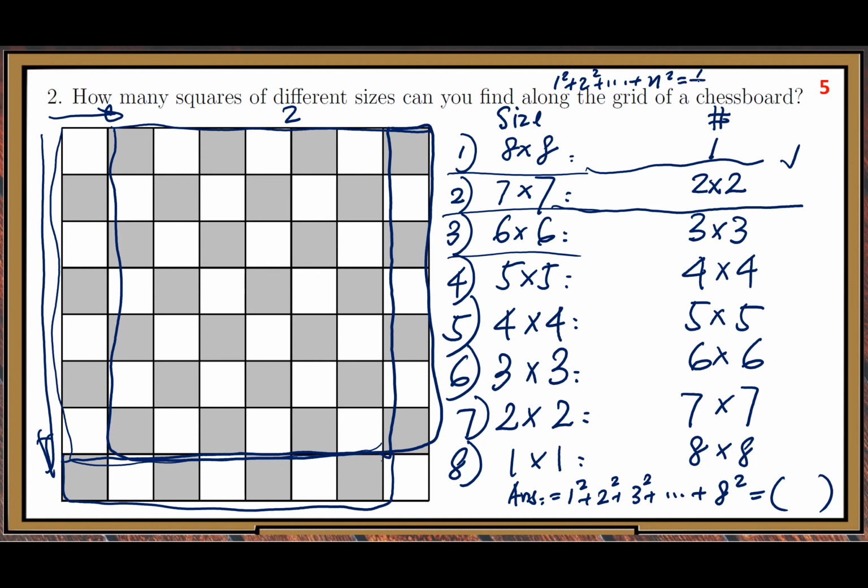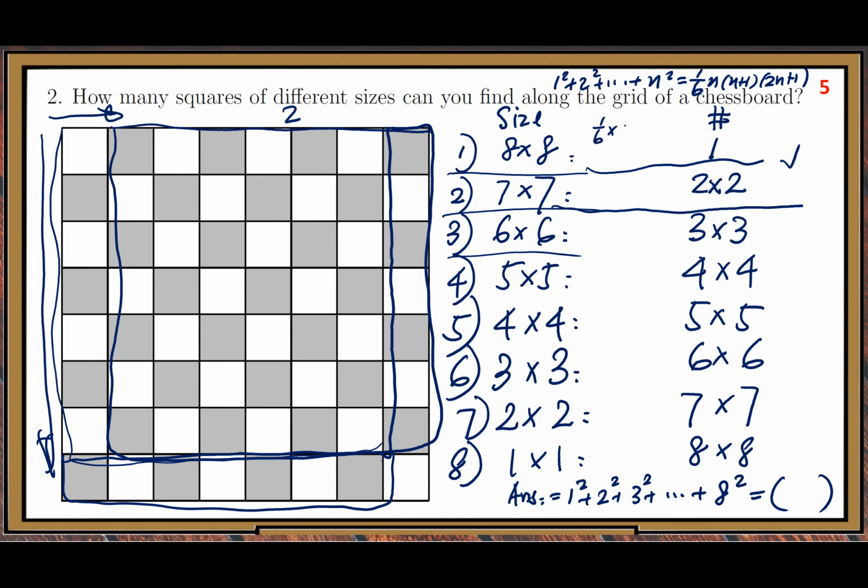As I remember, 1/6 times n plus 1 times 2n plus 1. Something like that. If this formula is correct, let's plug in.